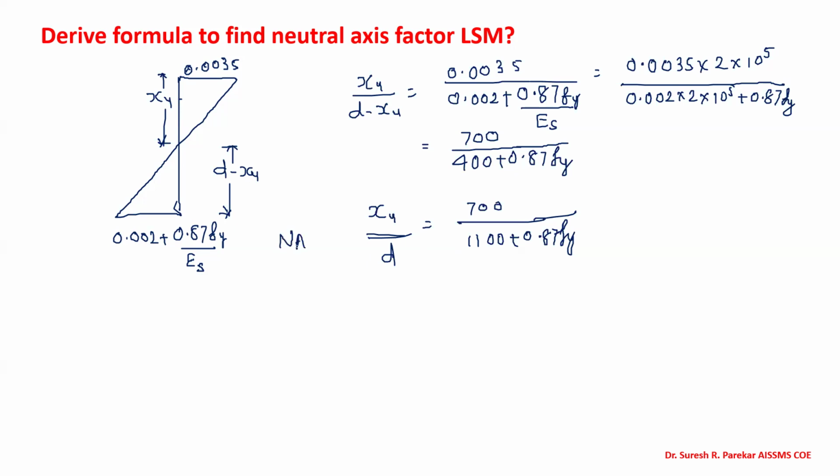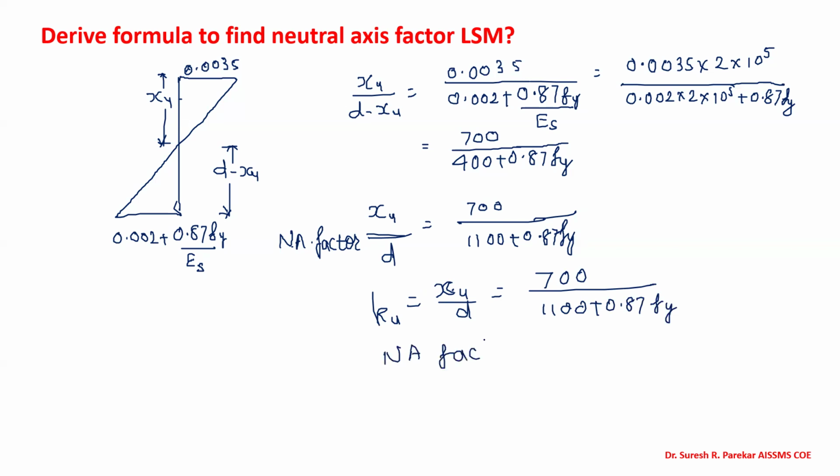So this is known as the neutral axis factor, generally denoted by Ku, equal to XU by D, which is equal to 700 upon 1100 plus 0.87 Fy. So my neutral axis factor depends on steel only.